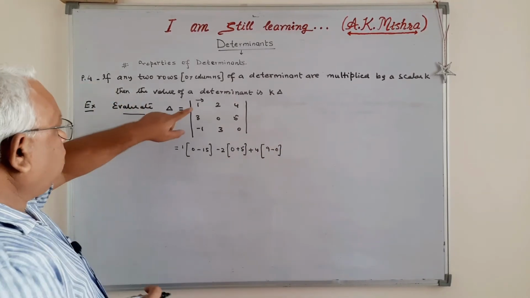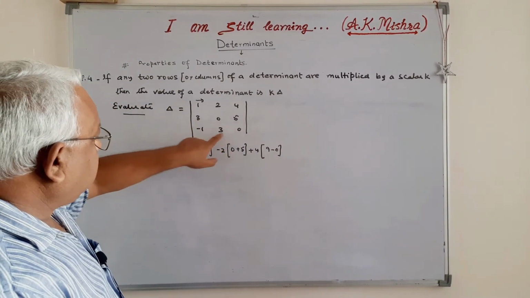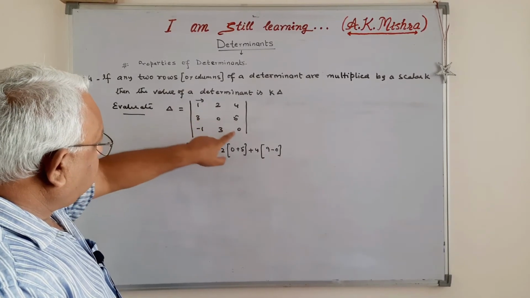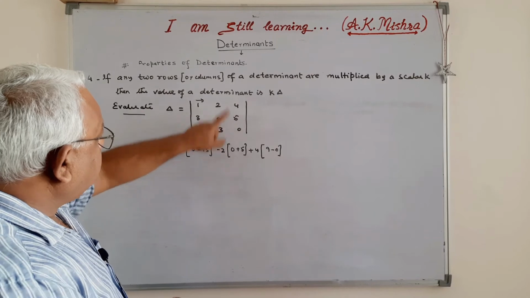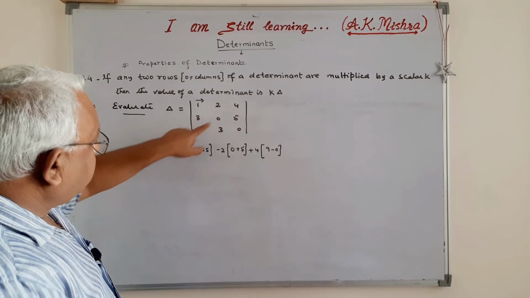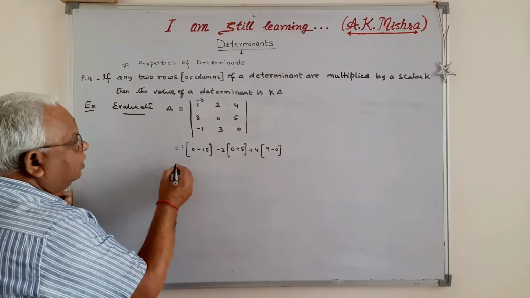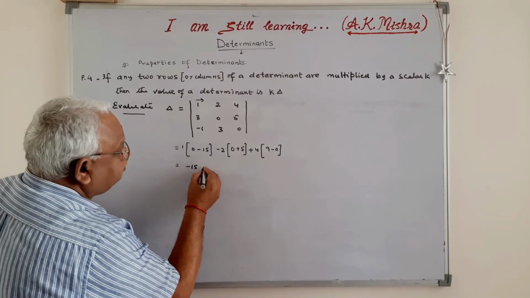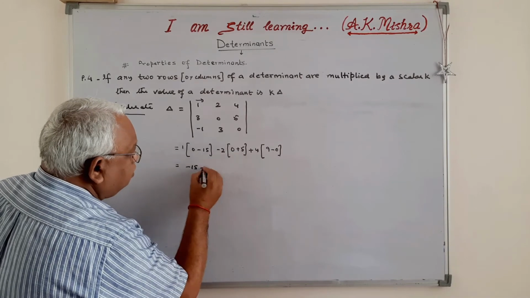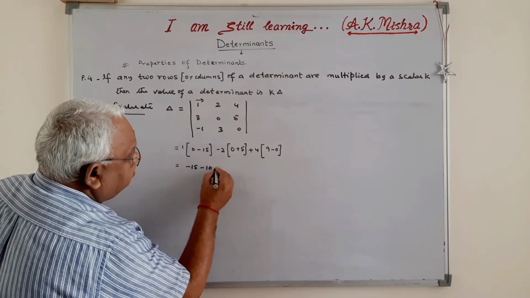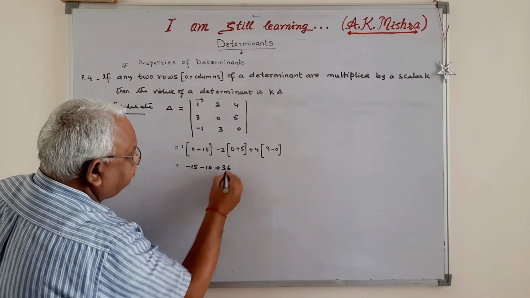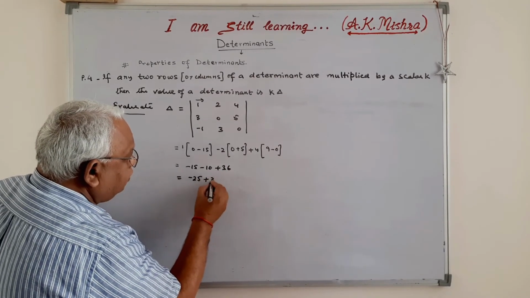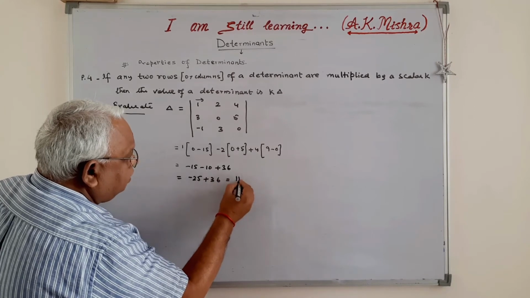Just check. So you get minus 15 minus 10 plus 36. So minus 25 plus 36, which is equal to 11.